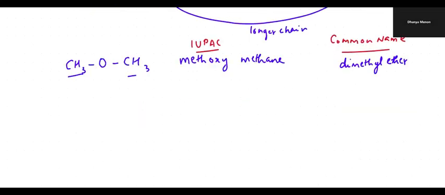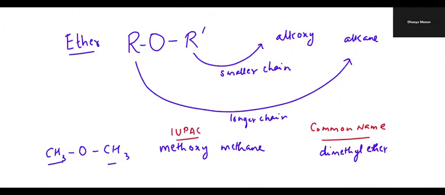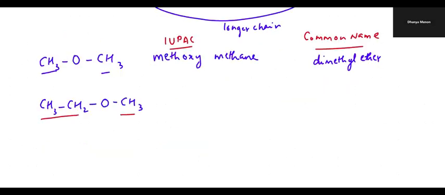Okay. Coming to the second example, CH3, CH2, O, CH3. So here, as you can see, there is a longer chain, there's a smaller chain. So whenever there is a smaller chain, we use alkoxy. So for smaller chain, alkoxy. So here, the alkoxy group is the methane, so methoxy, right?